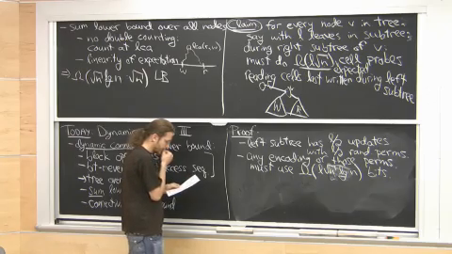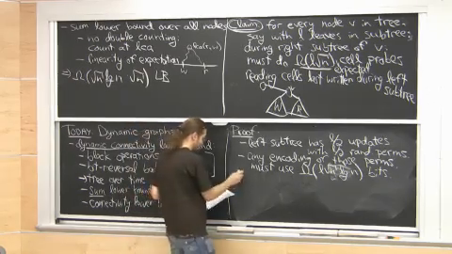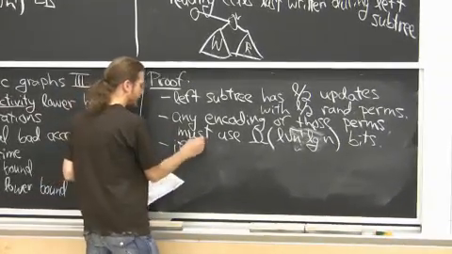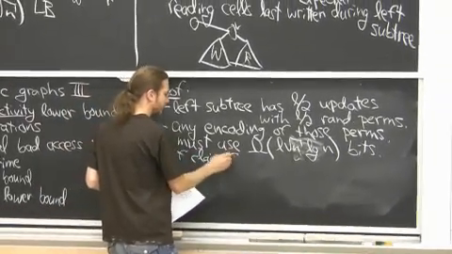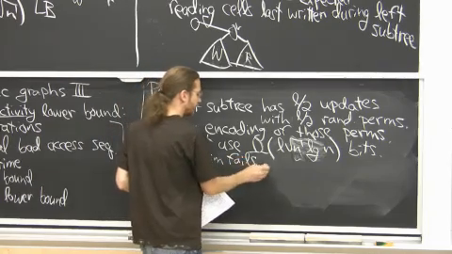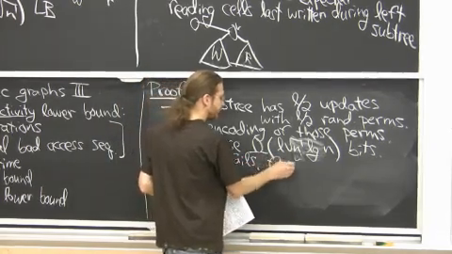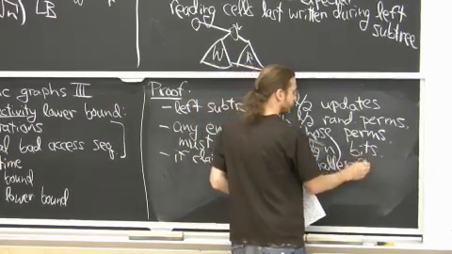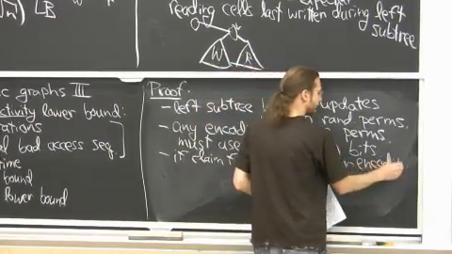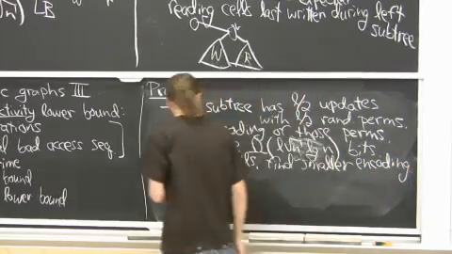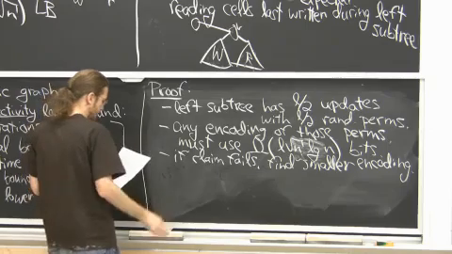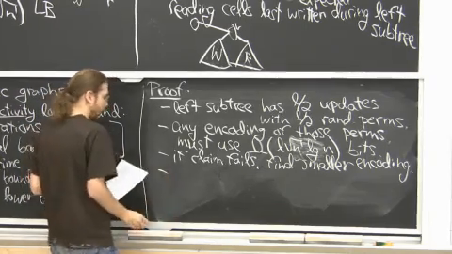So if the claim fails, we'll find a smaller encoding, which will give us a contradiction.